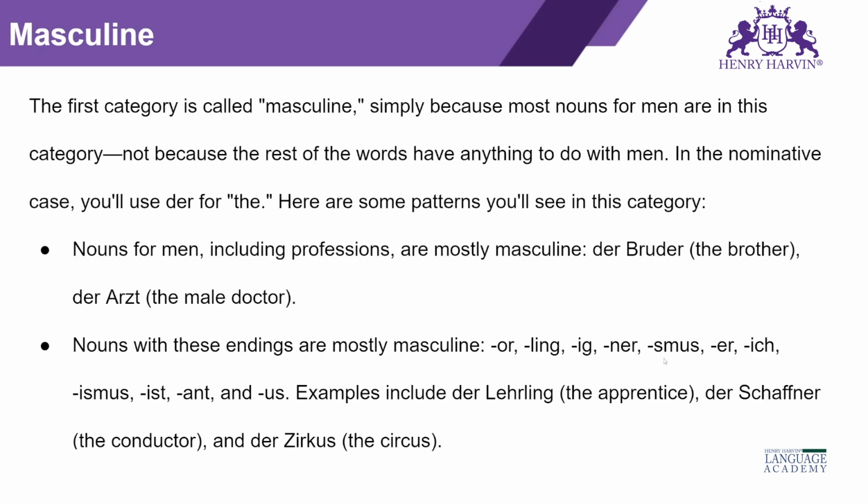All the nouns which take these endings will take the masculine gender. For example, der Lehrling ending with ling, der Schaffner ending with er, der Circus ending with us. We can also take der Tourismus, so ismus. We can also say der Monitor ending with or.